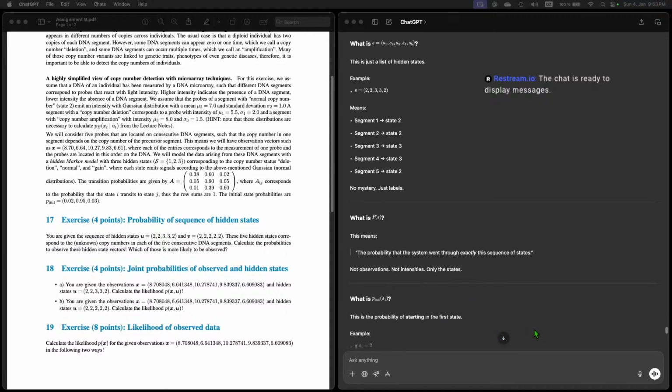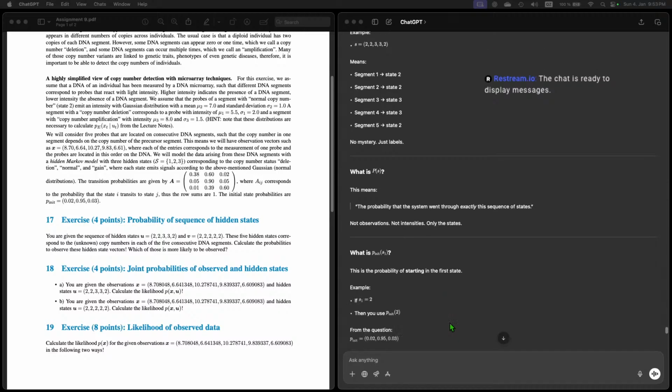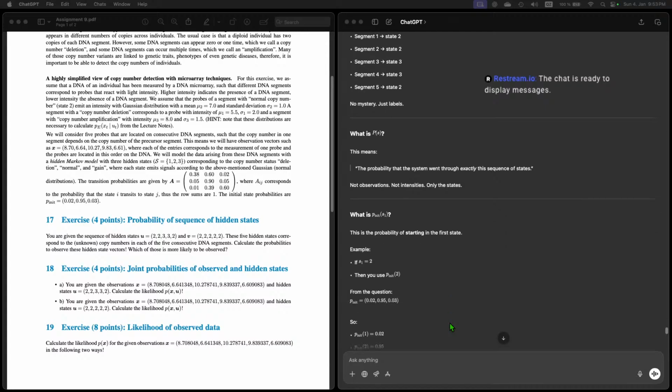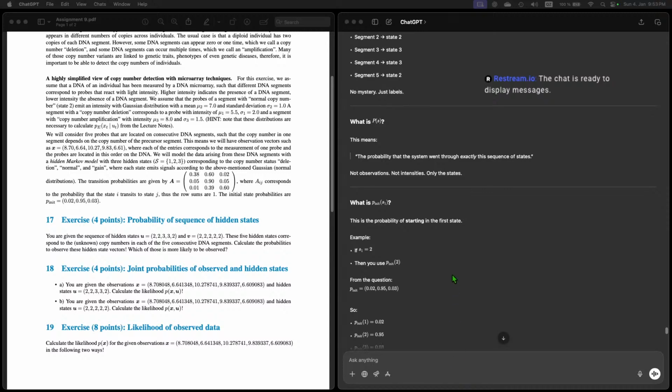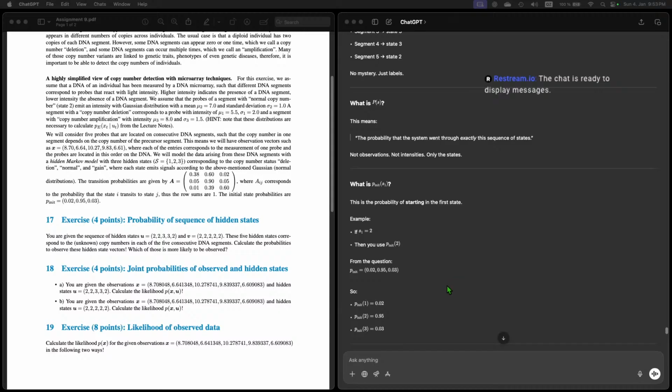Then pi is the probability of starting in the first state, from the question. So it's 0.95. Okay.